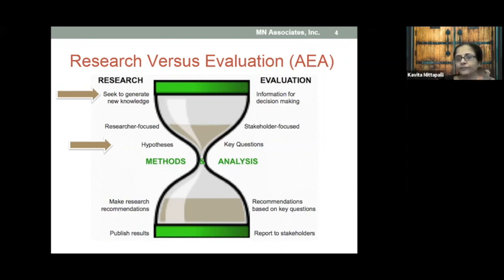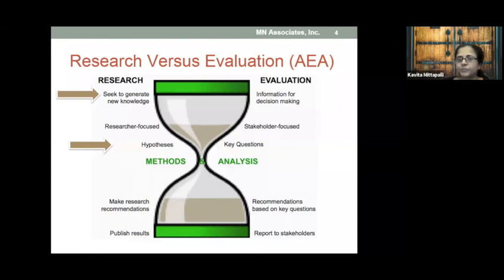Especially since I come from the education field, for me, a research study would really entail my looking at the students' performance, teachers' reaction to a training program, a professional development session. That would be my research. And evaluation-wise, as an educator, I would be looking at the overall program. How is the program delivering what it is supposed to be delivering? So those are the main fundamental differences between research and evaluation.